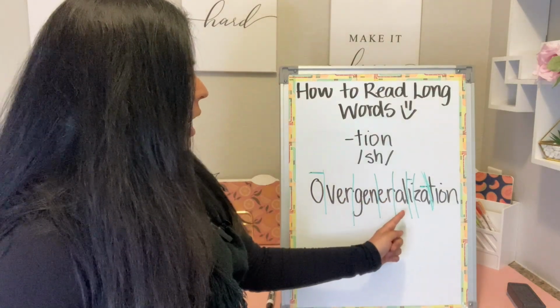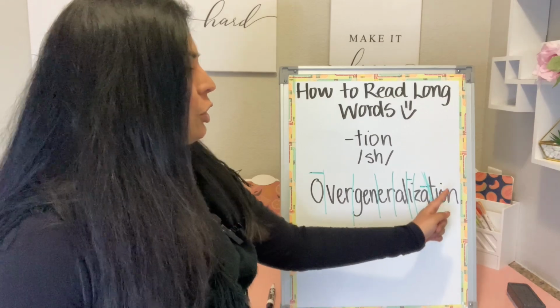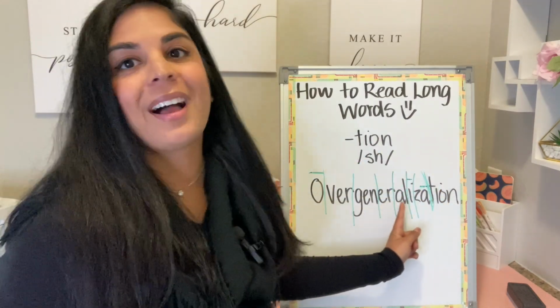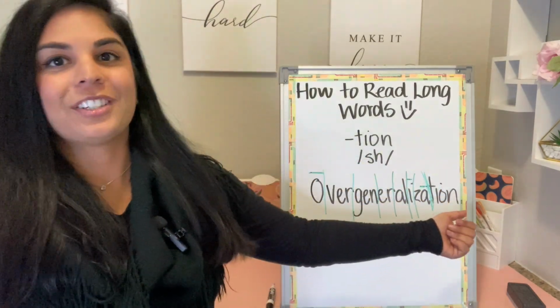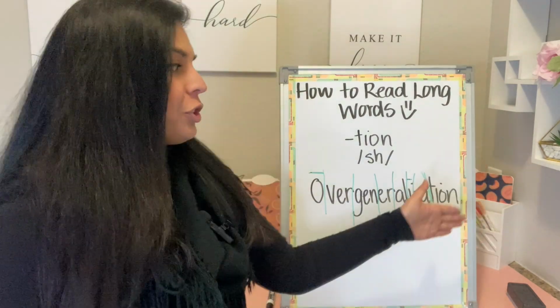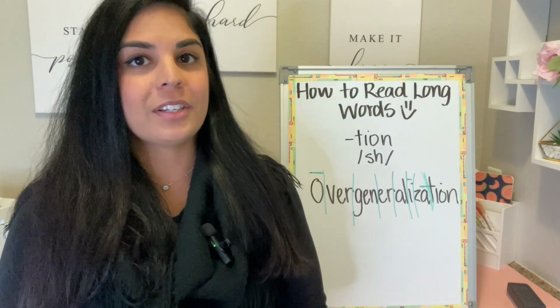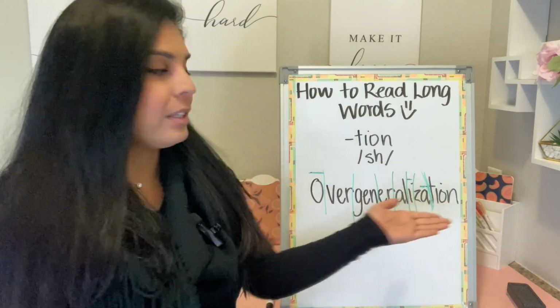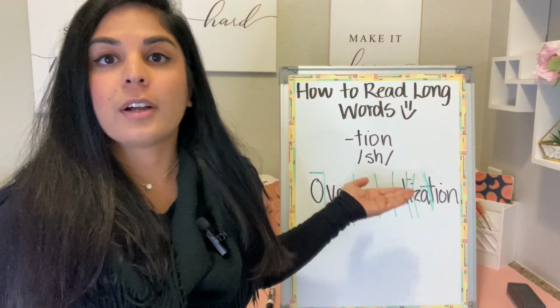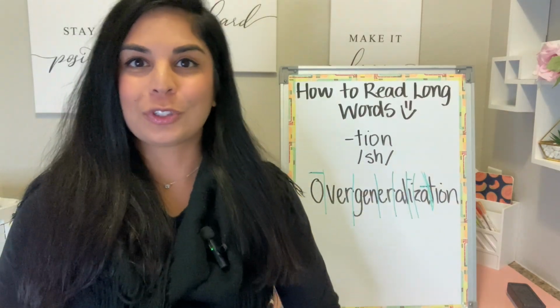Overgeneralization. Overgeneralization. Once you know that the shun at the end is a word part, it helps to make the rest of the word a lot easier. And if you can recognize that this word has the base word of general, then that can help you put the word together as well.